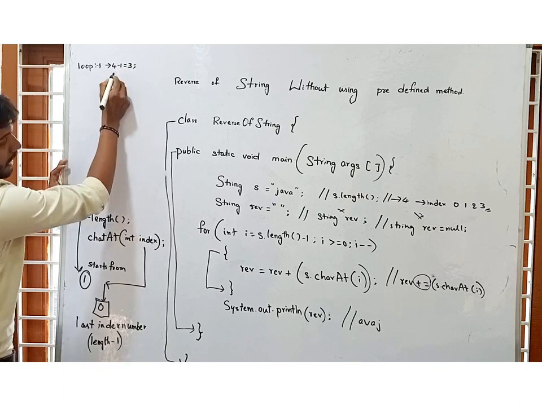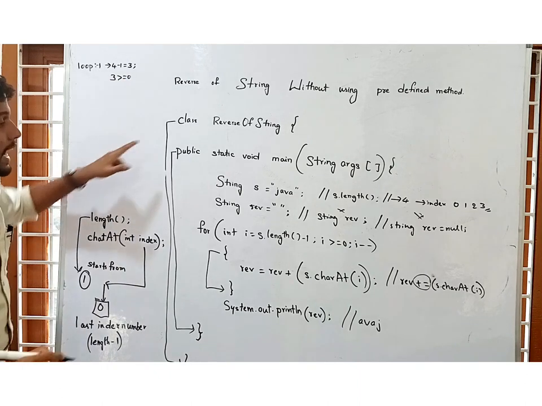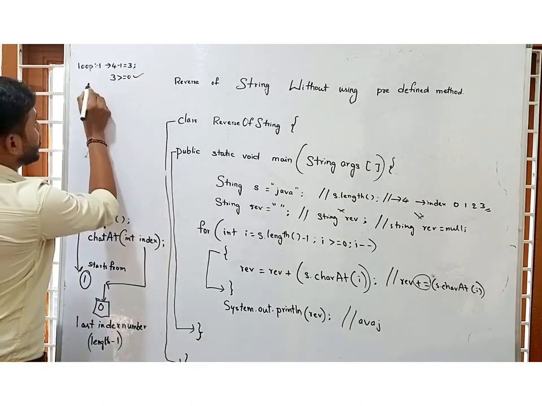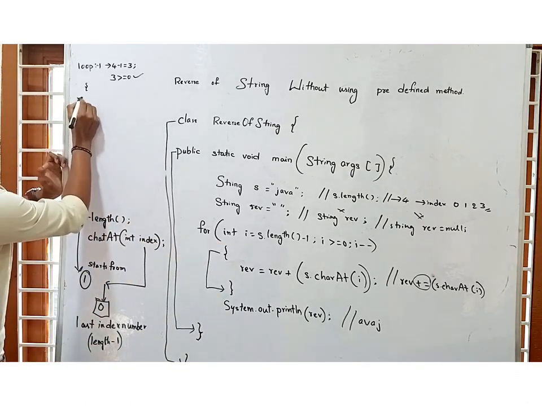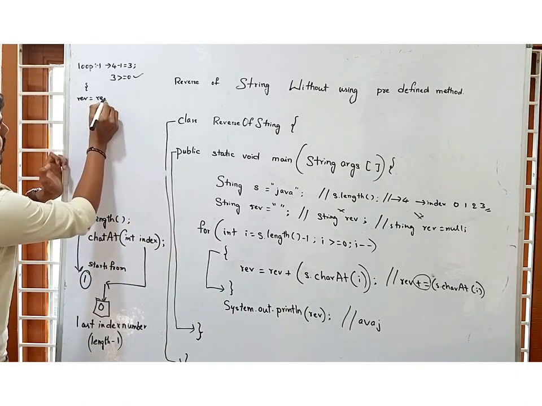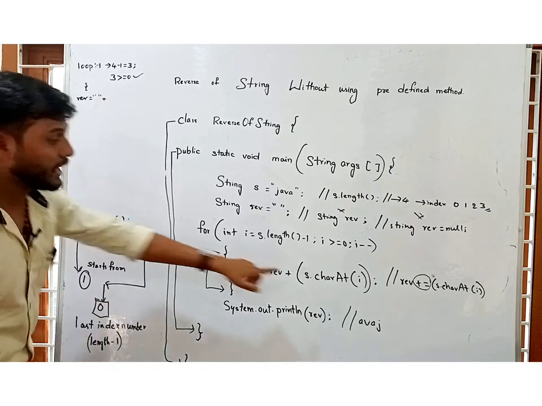And then we have given that 3 is greater than or equal to 0. The condition was satisfied, so the loop continues. Now let us see. Reverse equal to reverse. What is the reverse value? Reverse value is null. Null plus s dot charAt.